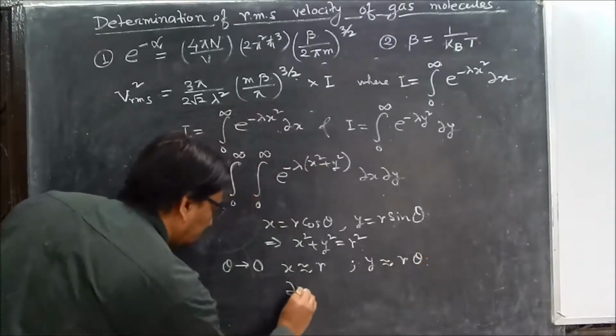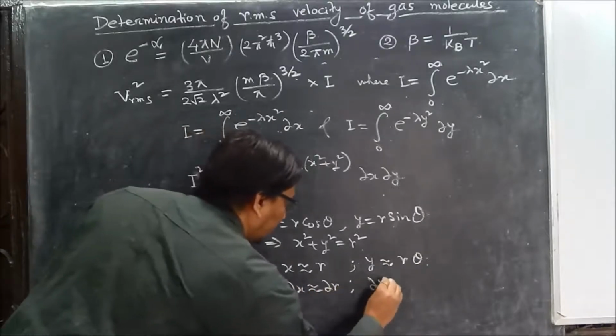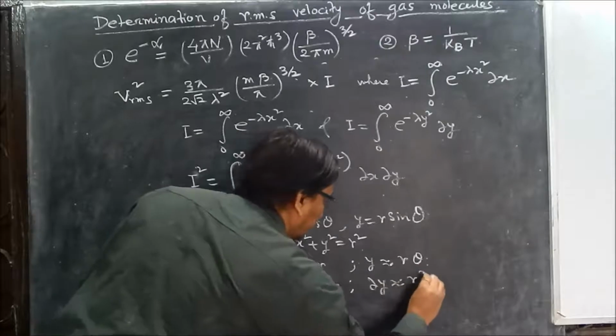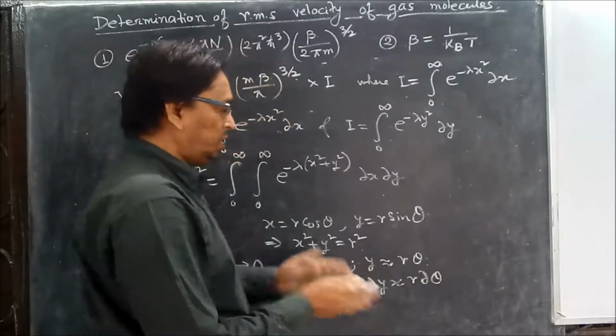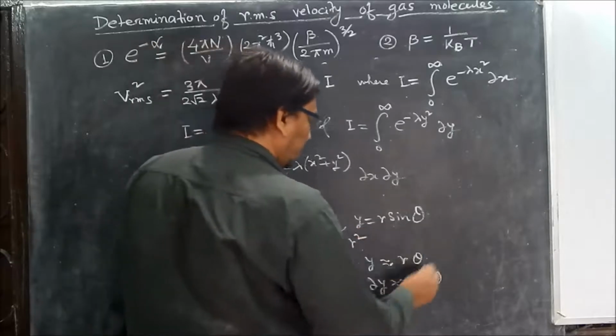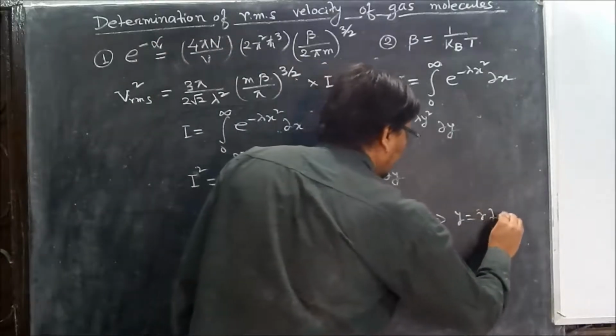So del x will be del r and del y, so that will be r del theta. Okay. Again, for small theta we can say y equal to r tan theta. So y equal to r tan theta.